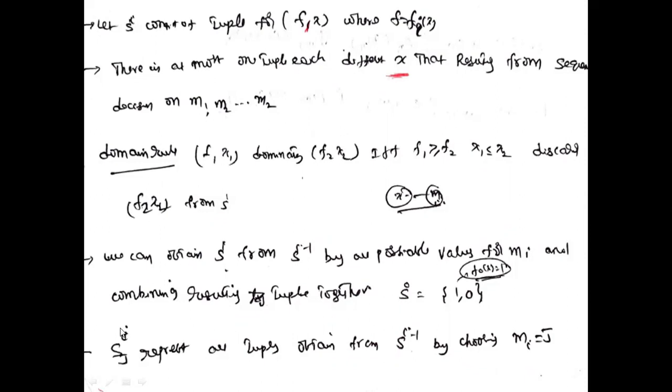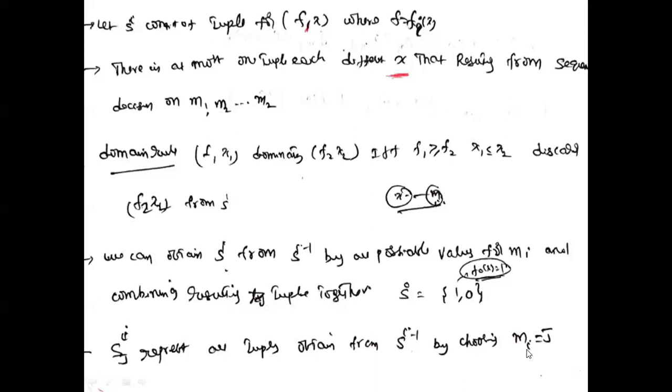Next, S^i_j represents all the tuples obtained by choosing m_i equal to j.